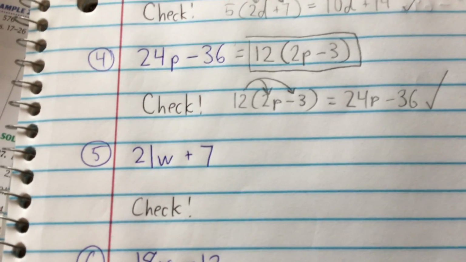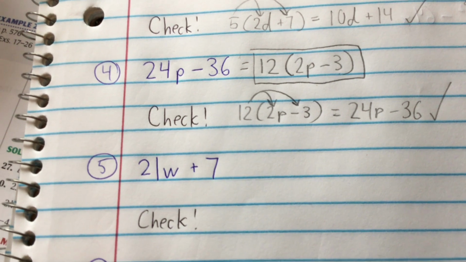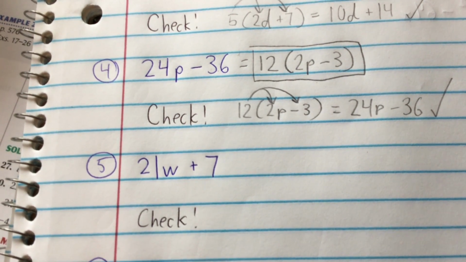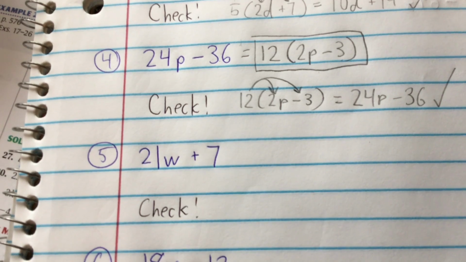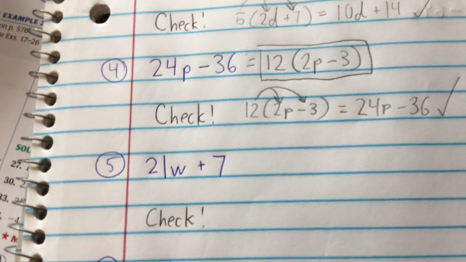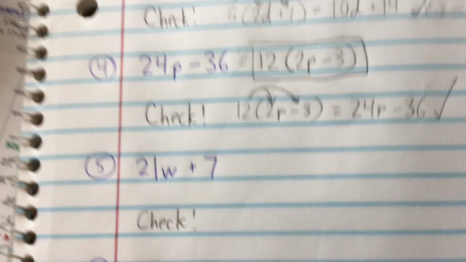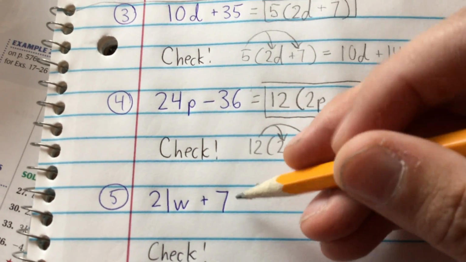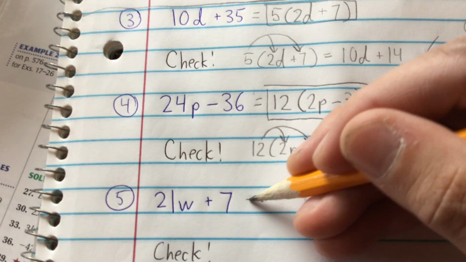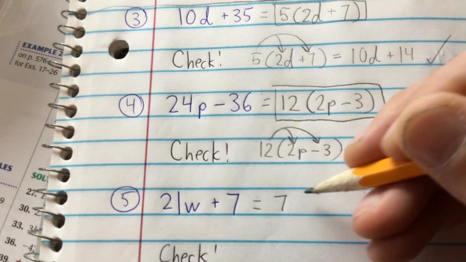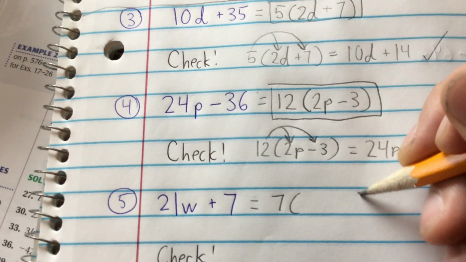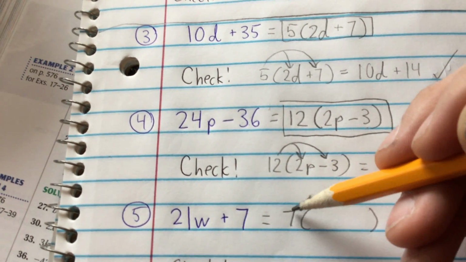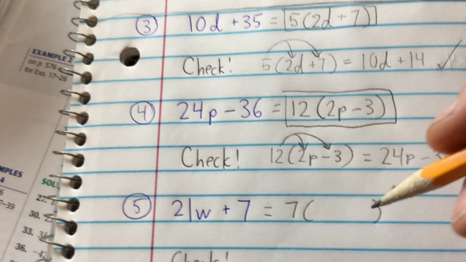All right, number 5. 21w plus 7. Well, the biggest number I can factor out of 21 and 7, because I watched a lot of football as a kid. Well, not really, but I just played a lot of Madden. So the biggest number I can take out of 7 and 21 is 7. And now, 7 times what is 21w?